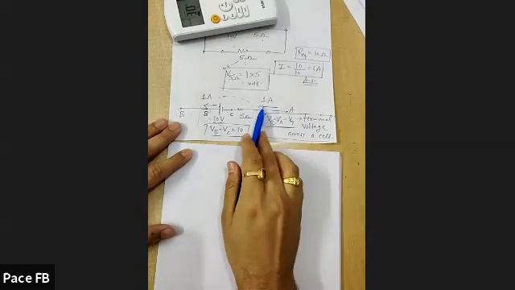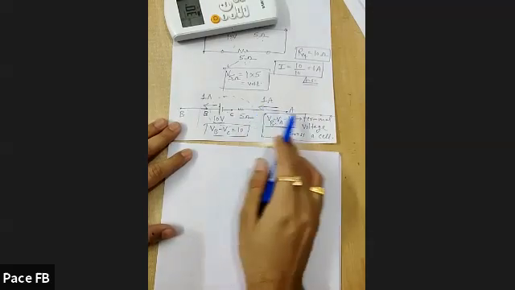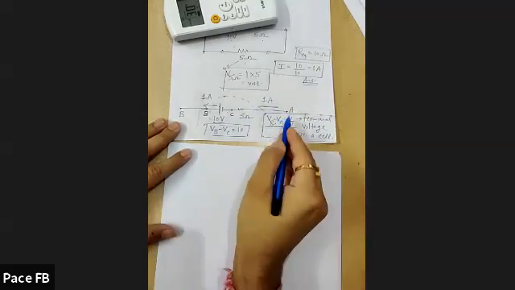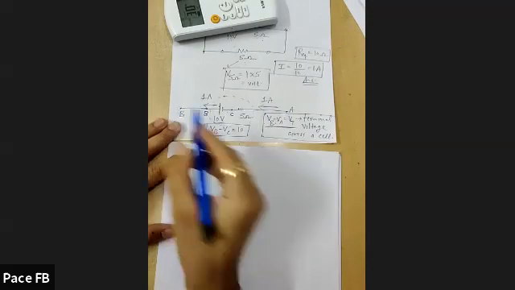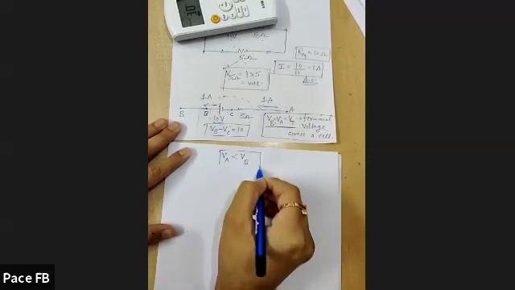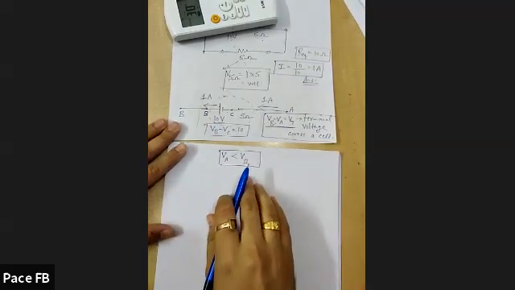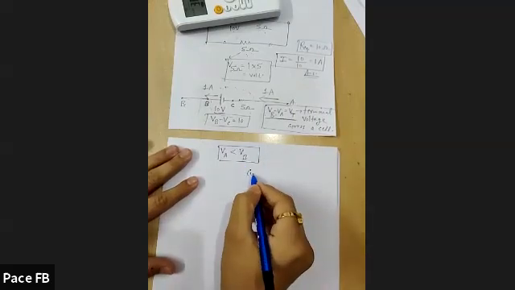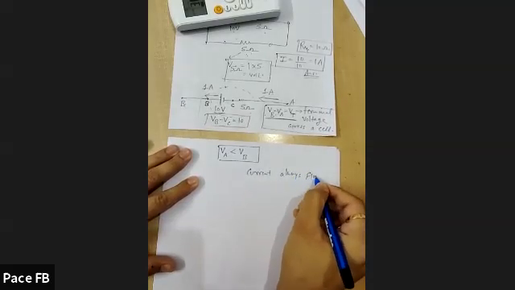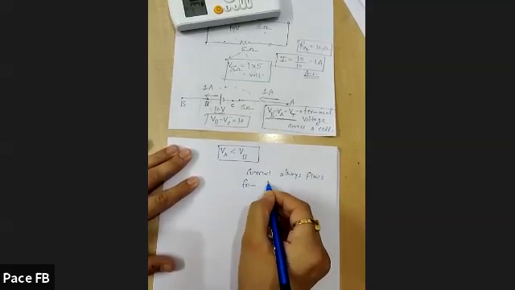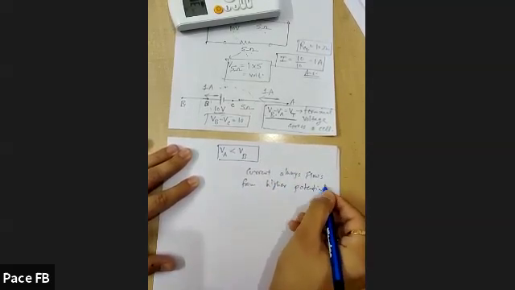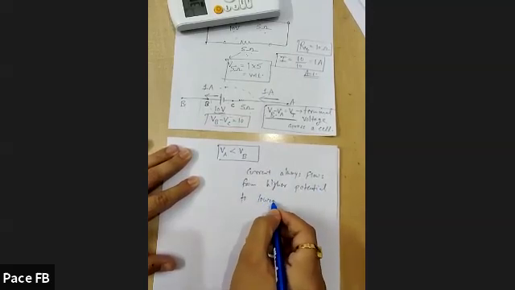Okay, now we are starting from point A, and I'm moving towards point B. And we know that potential of point A is less than potential of point B, and current always flows from higher potential to lower potential.